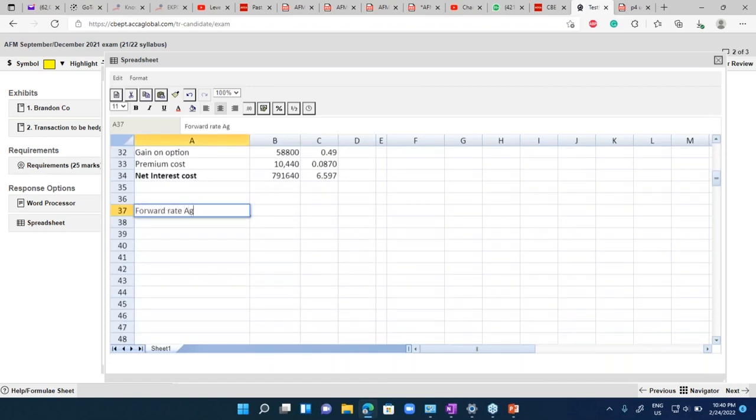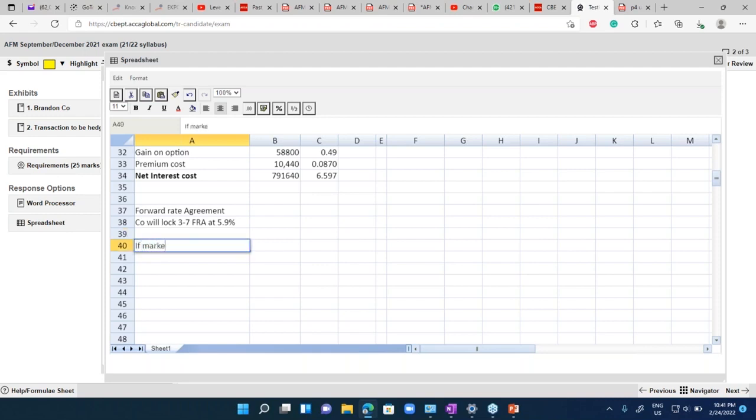Forward rate agreement. The company will lock in a 3 by 7 FRA at 5.9%.